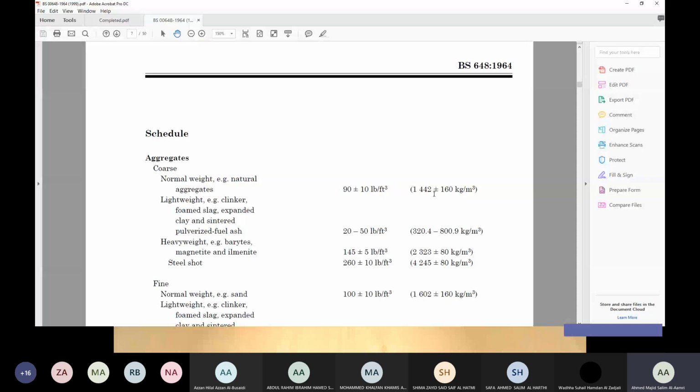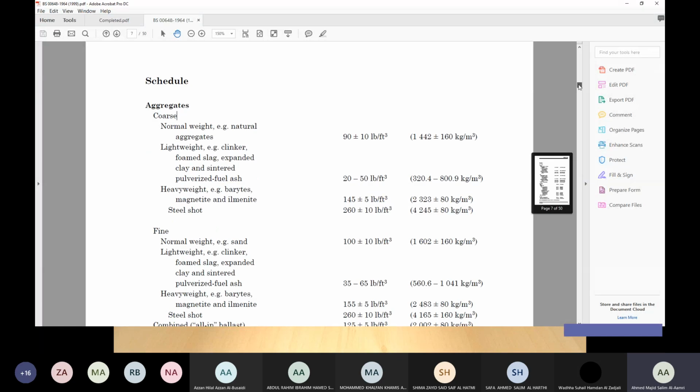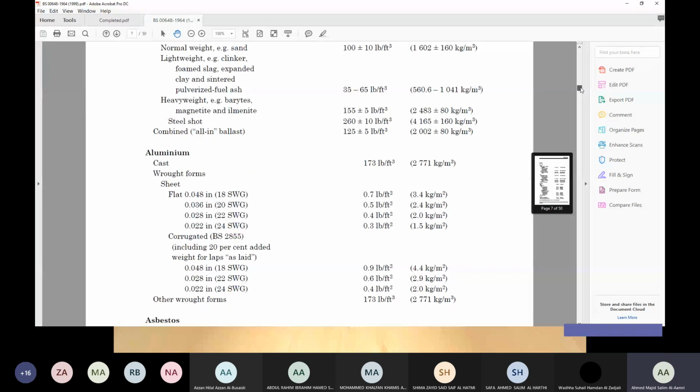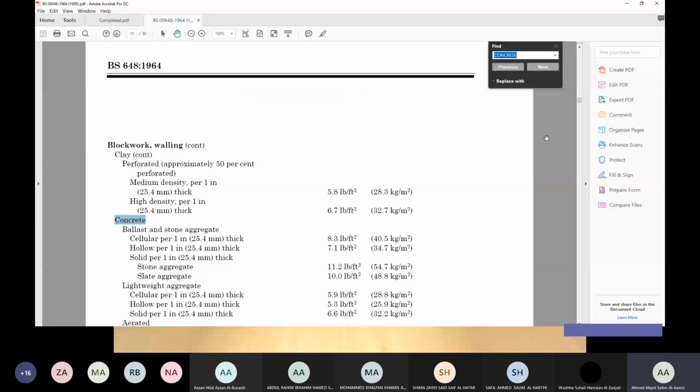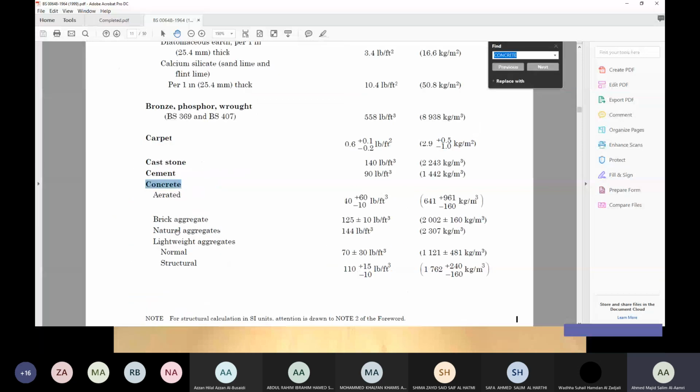For example, if we search directly for concrete, you can see natural aggregate concrete is around 2,307 kilogram per meter cube, which we are taking as around 2,400 kilogram per meter cube.